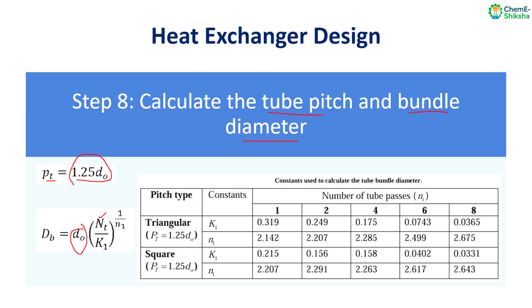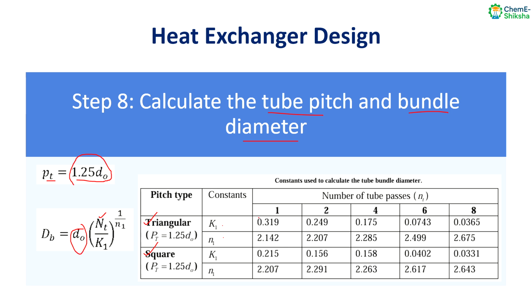and K1 and n1 are the two constant values which depend on the tube pitch and the number of tube passes. This is the table where, for triangular and square tube pitch, the constant values K1 and n1 are given for 1, 2, 4, 6 and 8 tube passes.